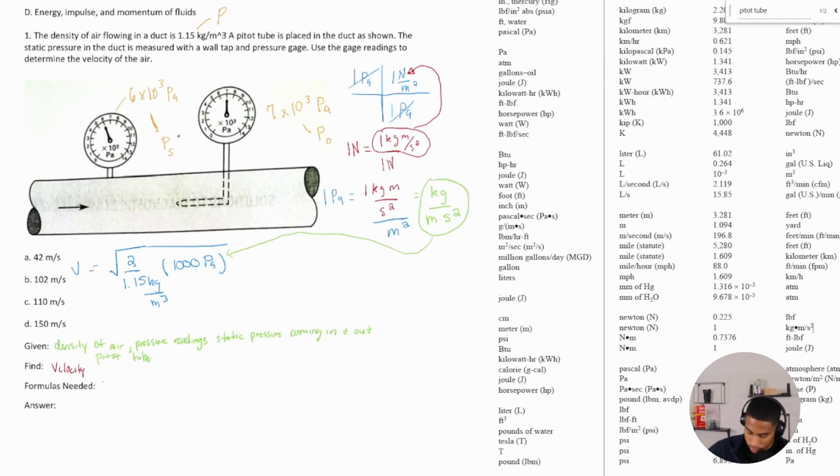And this is all for velocity, right? So velocity is equal to square root of 2 over 1.15 kilogram per meter cubed times 1,000.